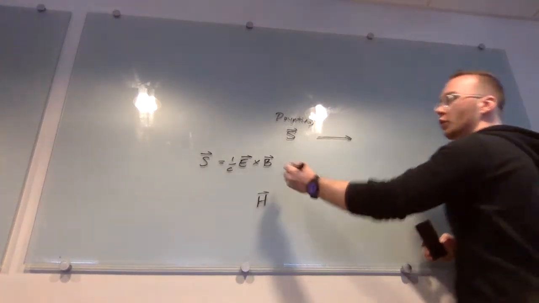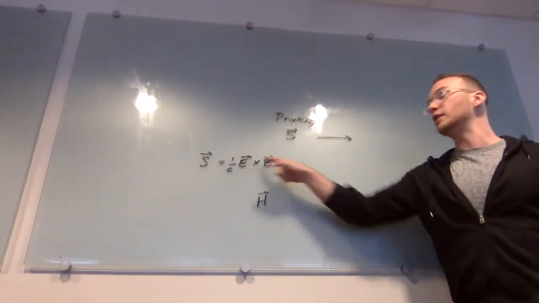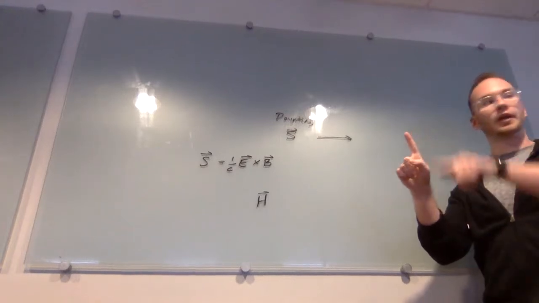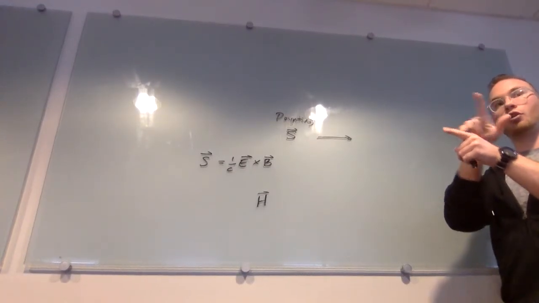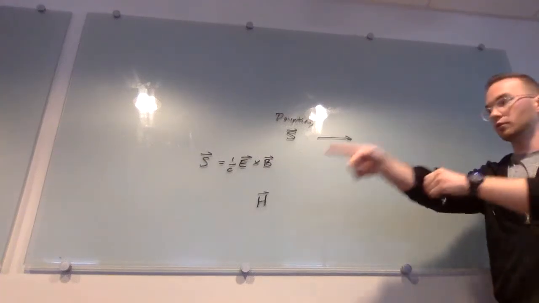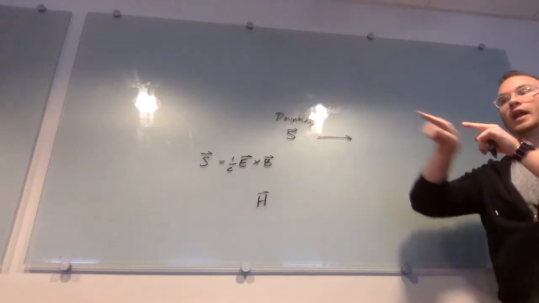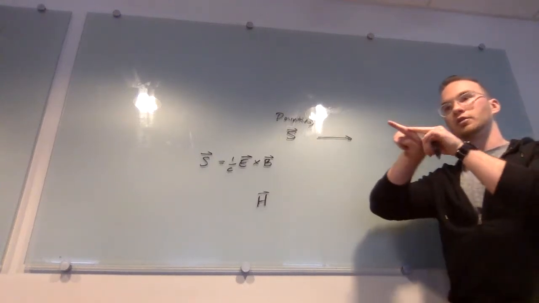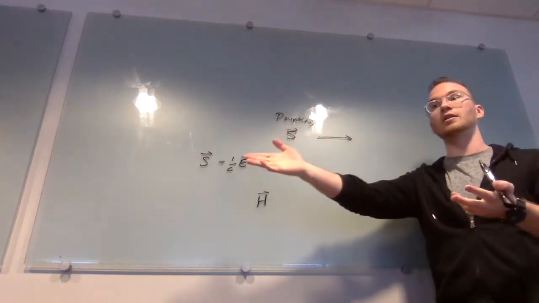This is in 3 dimensions obviously, so if you have E cross B, if E is oscillating this way, the electric field, and the magnetic field is oscillating this way, the cross product has to be perpendicular to both of them. Anytime you take the cross product of 2 vectors, you get something perpendicular. So the Poynting vector is in the forward direction of the oscillation, which is literally the place the light is going.